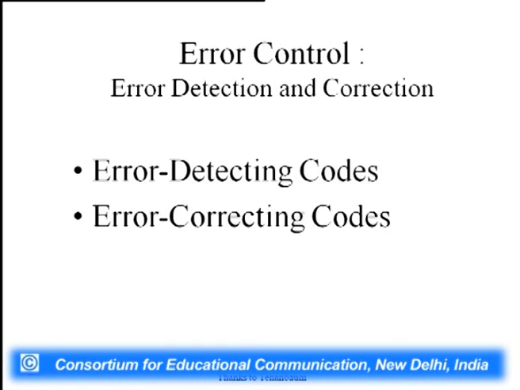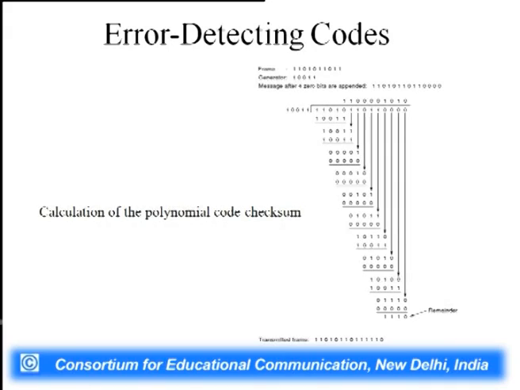Now, this is where we identify the boundaries, but the other function of the data link layer was error detection and correction. Now, the first question comes, how do we detect errors? Now, assume that a frame of 1 1 0 1 0 1 0 is transmitted, and then if there is an error, how do you identify that?